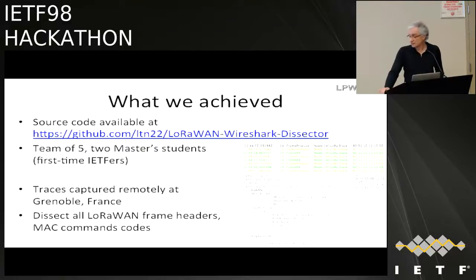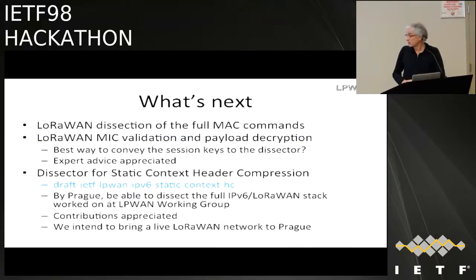And we managed to dissect all LoRaWAN frame headers, all the MAC command codes, the network telling the device to change frequency, change modulation, etc. What's left for future work is to fully dissect all the commands, not just command codes, but all the options and all the parameters.